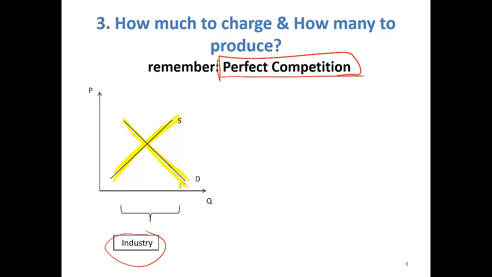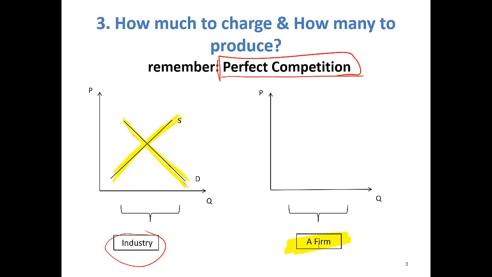The demand curve is the market demand curve, and a perfectly competitive company is actually going to have a totally different demand curve. It's going to have a perfectly elastic demand curve.